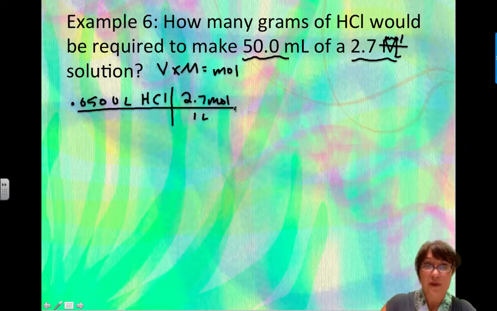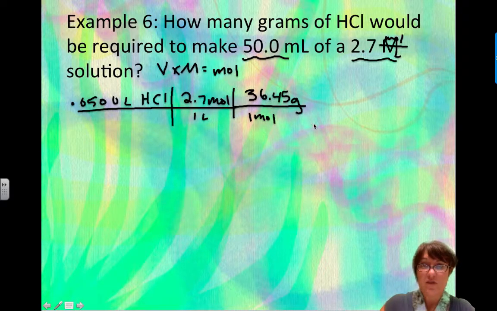I'm going to keep going in my T table so that I can include the molar mass, because 1 mole weighs how many grams? Let's see, hydrogen is 1, chlorine is 35.5, so that's 36.45 grams per mole. Now get your calculator and solve your T table.